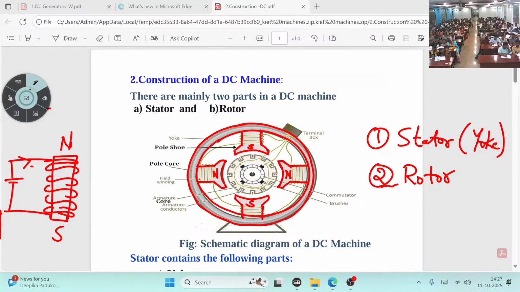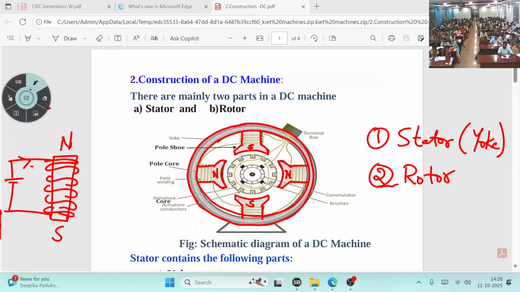So instead of using magnets, I am making magnets out of iron pieces. They are not magnets themselves.